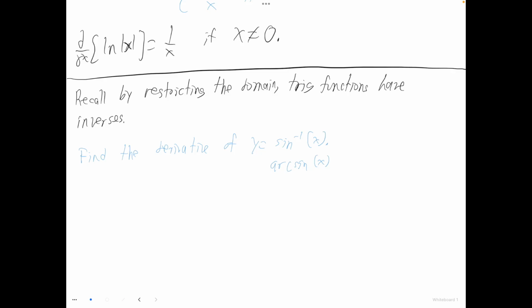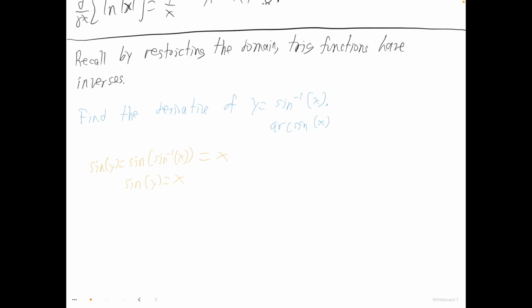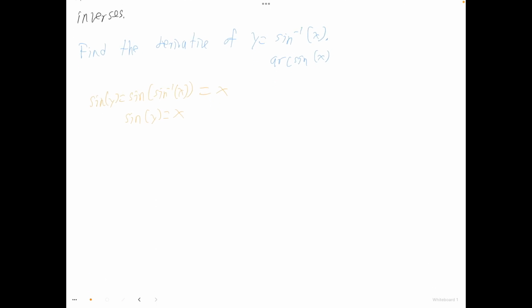So what we're going to do is take sine of both sides. And so we'd have sine of y equals sine of sine inverse of x, but sine of sine inverse cancel, so we're just left with x. So sine of y equals x. Now that we have sine of y equals x, we're going to take the implicit derivative of both sides.